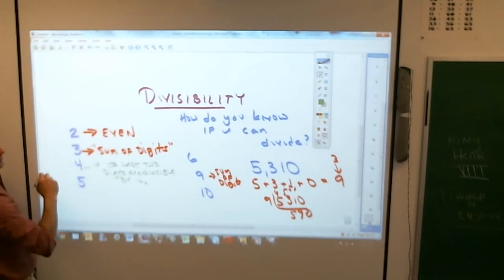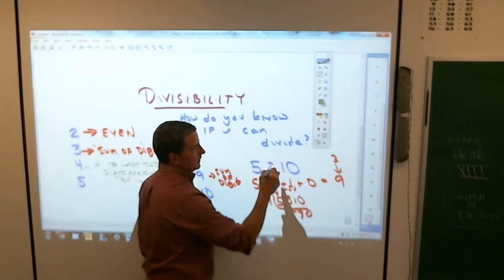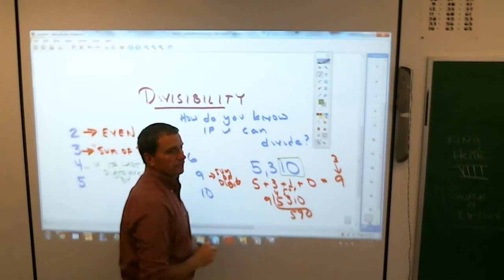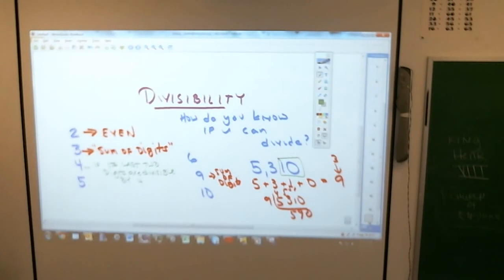You look at the last 2 digits of 5,310. Does 4 go into 10? No. So 4 won't go into 5,310. 2 does, but 4 doesn't.